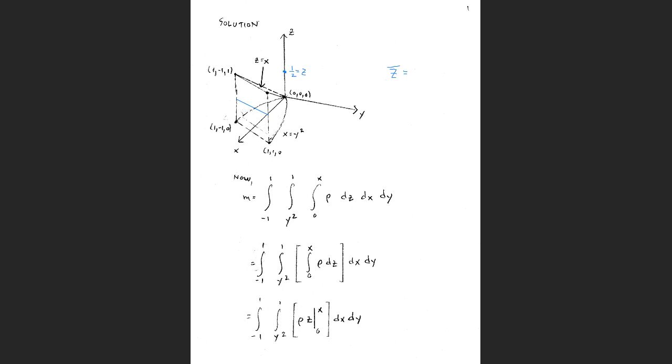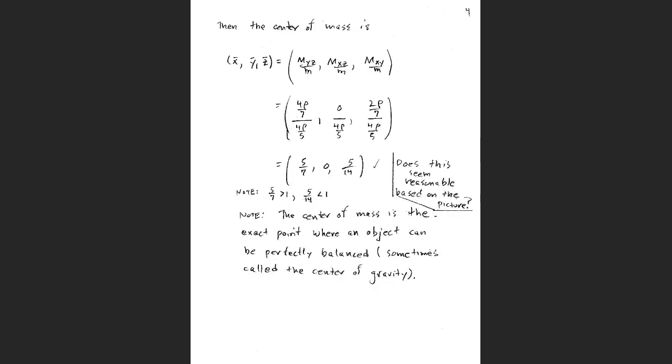In this case, with respect to the vertical direction, the solid is heavier below the plane Z equals a half, and therefore that's going to move the Z bar portion of that coordinate below the plane Z equals a half, and that's why you have a Z bar of 5/14, and 5/14 is actually 0.357.